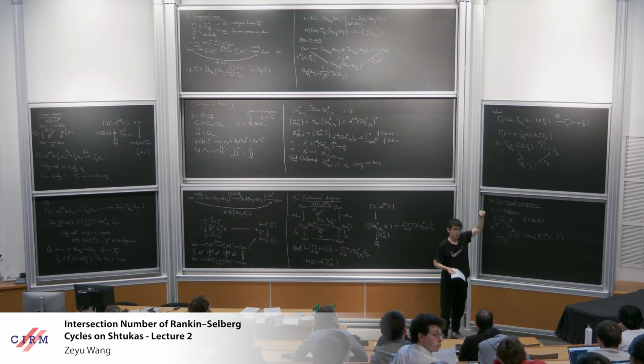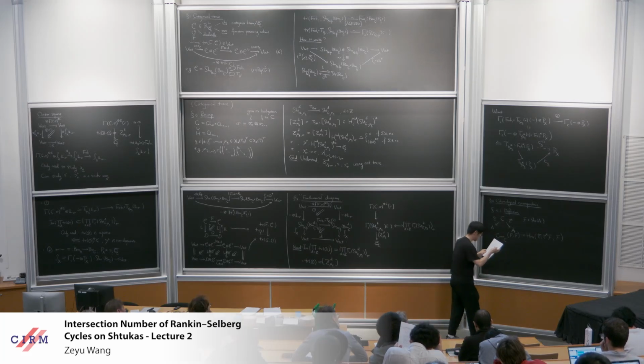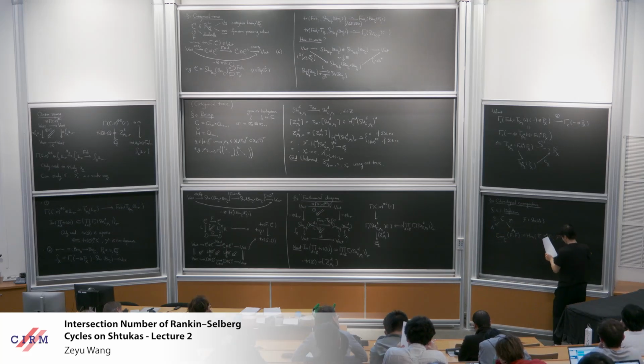You can further push forward along the curve, and you get something out of it. That's what I mean by Hecke operator. Okay, so this is the data of cohomological correspondence.